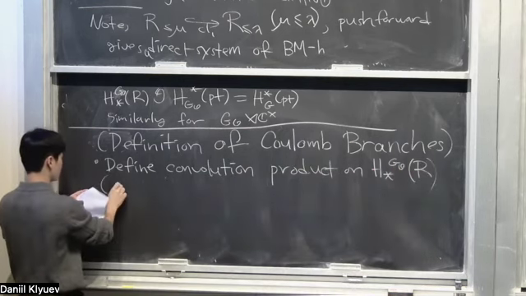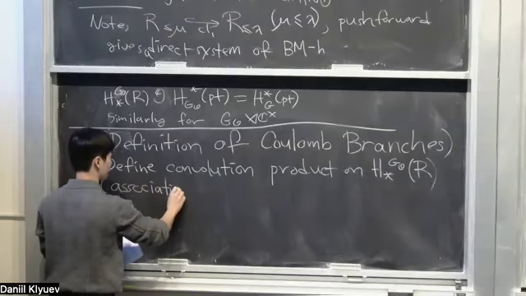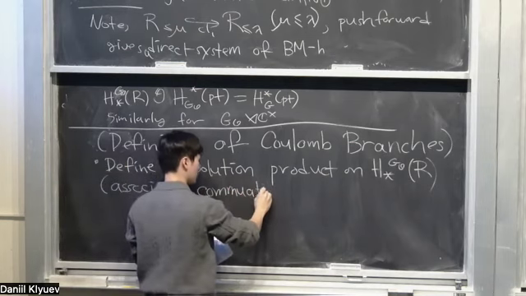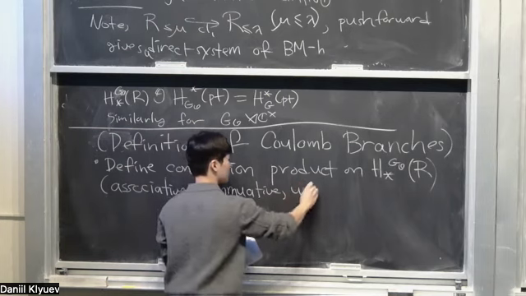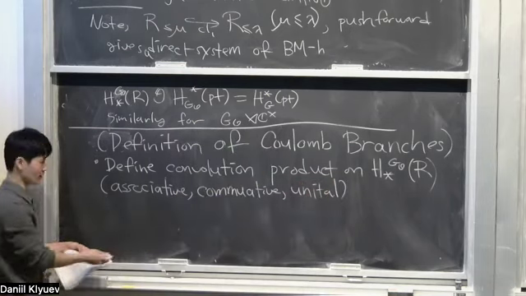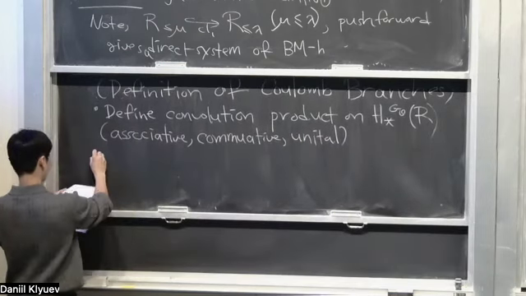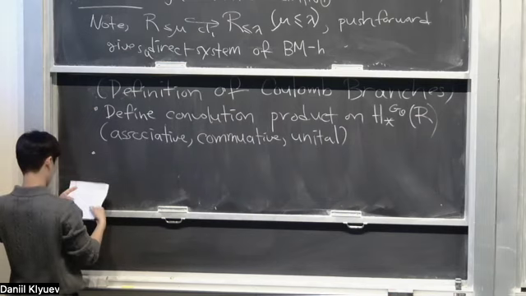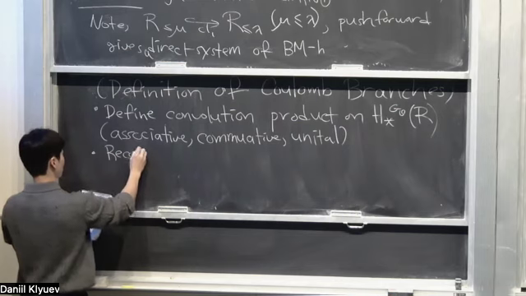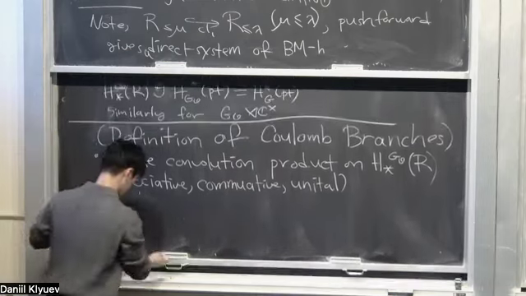Just to give it away right away, it is going to be an associative, commutative, and unital product, so that we can take a Spec. Let me quickly recall, because it's helpful. Let me move this.